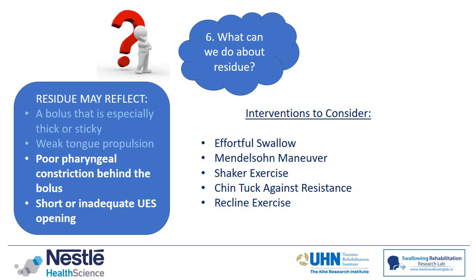These include the effortful swallow, the Mendelsohn maneuver, and the Shaker head lifting exercise, along with variations on that approach, such as chin tuck against resistance and the recline exercise. One caution about the available evidence to date is that it is heavily dominated by studies that look at exercise effects in healthy adults rather than people with dysphagia.